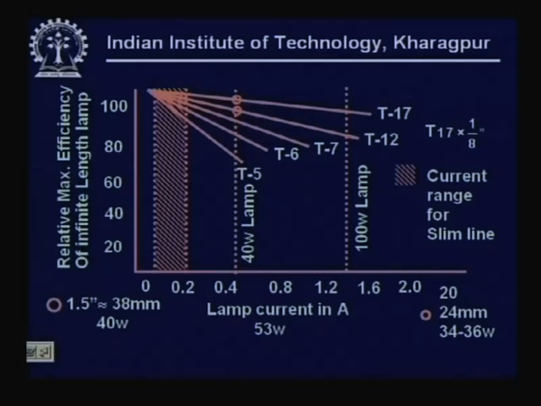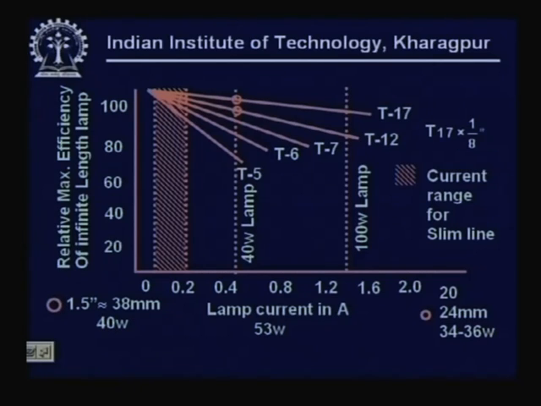Now, what we are trying to see is that when you are operating the lamps, say below 0.2 amperes of the current, you do not find much change in the relative energies or relative maximum efficiency of the lamp with the length for all the diameters that are considered. You have T5 to T17 if you see. Let us say I consider an ordinary 40 watt lamp.